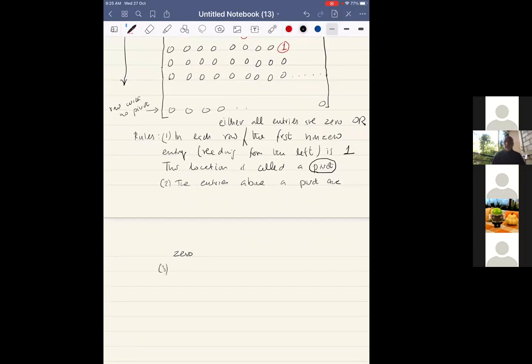Third, this is the most curious or subtle thing. If the ith row has a pivot, then one of two things happens in the next row.